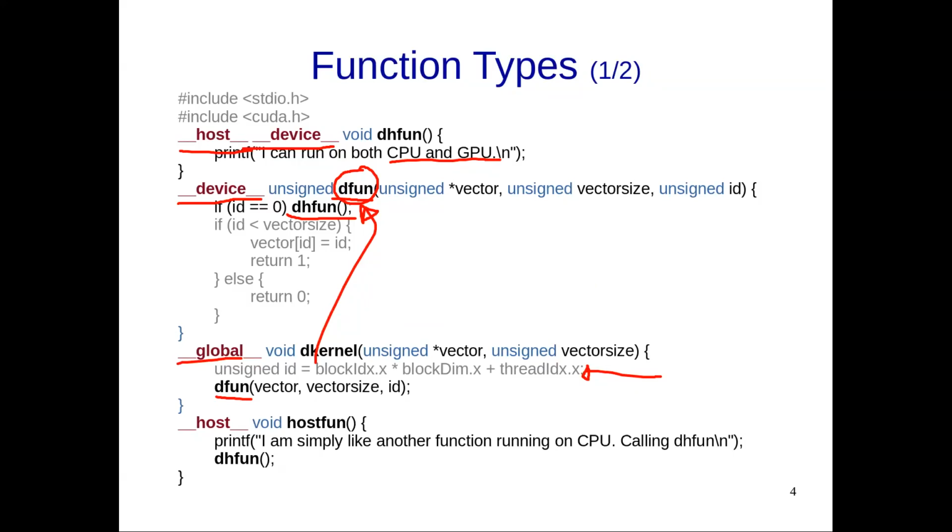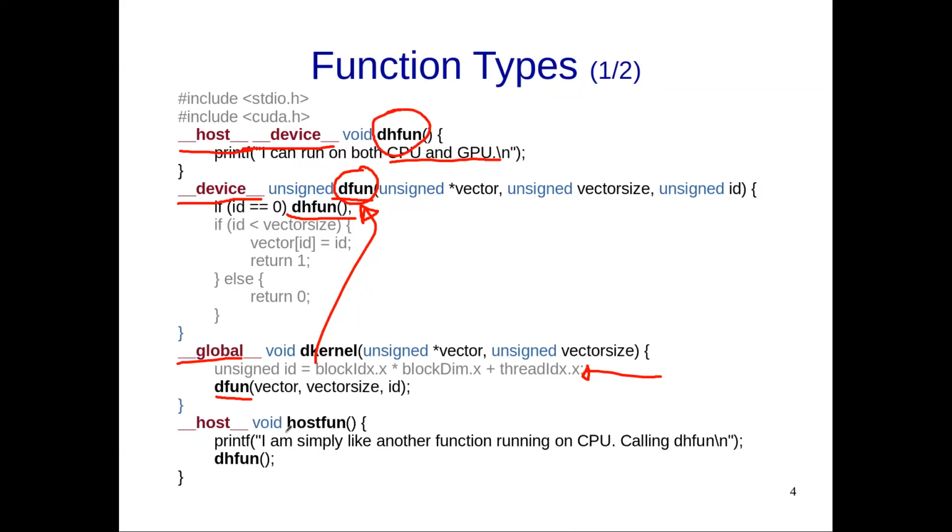So in host functions, that is on the CPU, we won't be able to use those. But as far as host device are concerned, we will still not be able to use them, as Harish has rightly pointed out, because the code inside host device functions like dhfun should be able to run on both host and device, and therefore blockIdx.x, threadIdx.x are not available in that code.